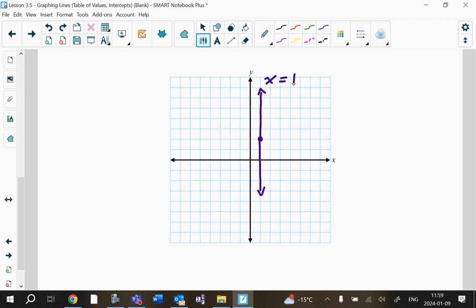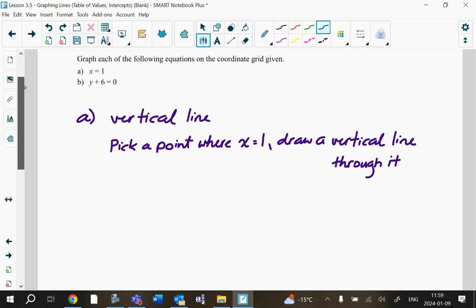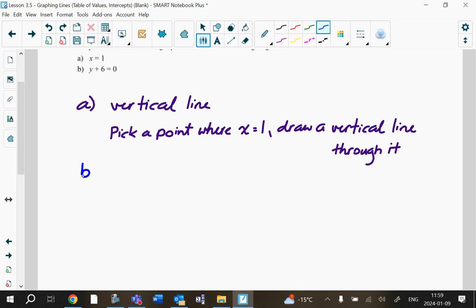For the second example in B, you might be looking at B thinking it looks a little weird. Why does it look a little weird? Y isn't by itself. It's easier to make y by itself. So let's move this over by subtracting 6, which means I'm going to get y equals negative 6.